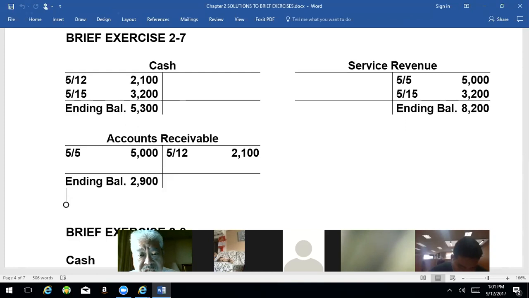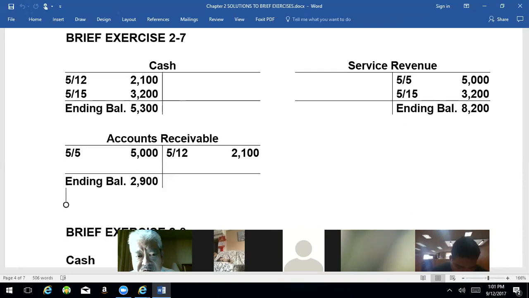Now notice at the end, there are ending balances, and notice where the ending balances are. Cash is an asset. The normal balance for cash is a debit, so you see it on the left-hand side of the T when we total it up. Service revenue is revenue, and the normal balance of a revenue is a credit balance, so we see the total on the right-hand side of the T account.